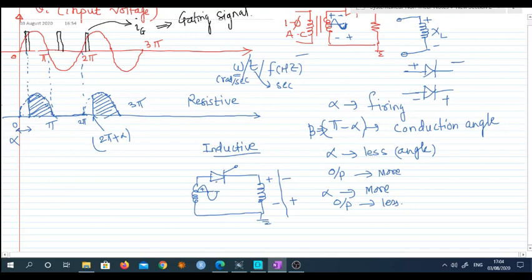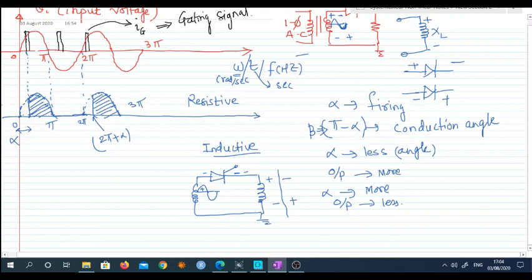So due to which what happens, here there is a negative potential, and here this is a maximum potential because the inductor is charged to the maximum value, and this potential is reversed in direction. So obviously this side potential is more negative as compared to this side, and therefore the SCR is still forward biased and the SCR will conduct.